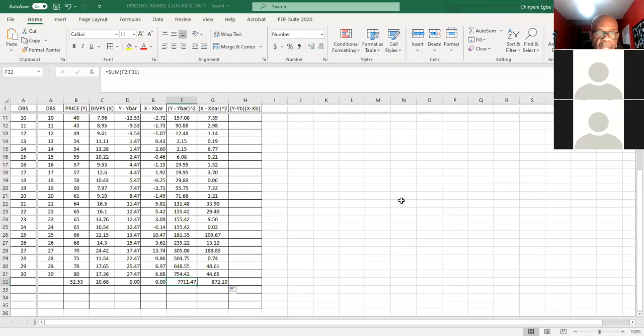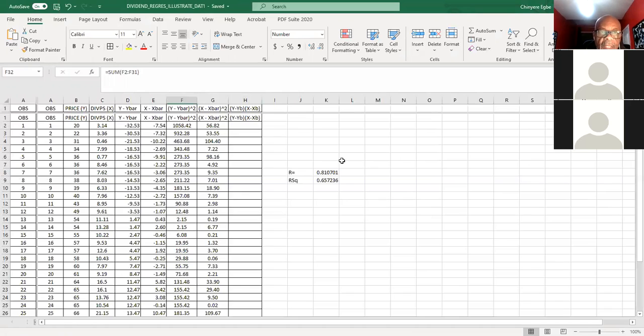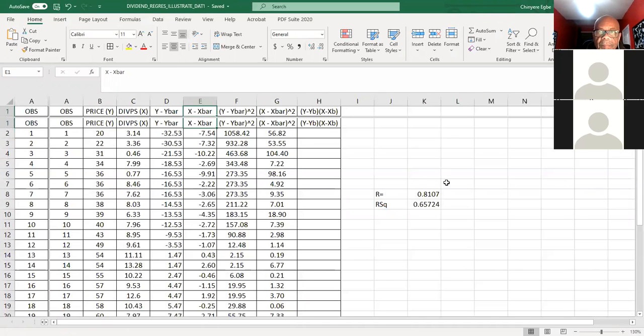I'm saving my file as I go. Okay. So the next thing is to multiply Y minus Y bar times X minus X bar. So you multiply column D by column E. You get it? Yes.